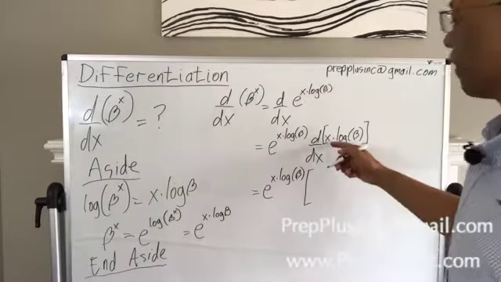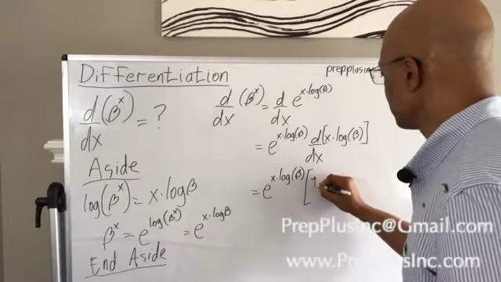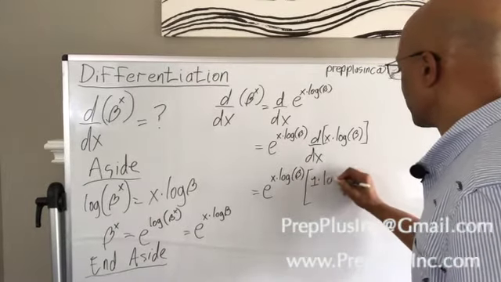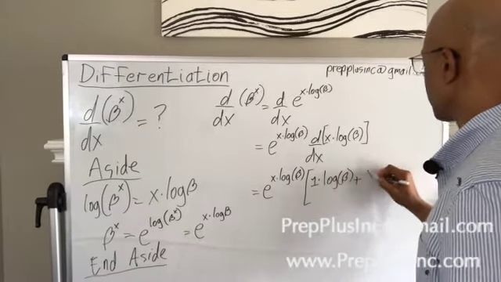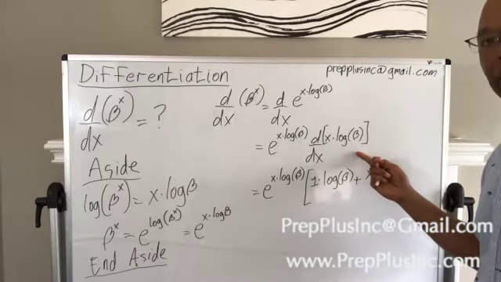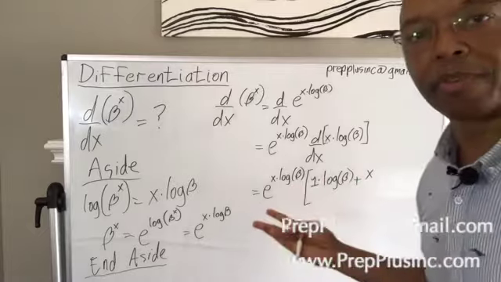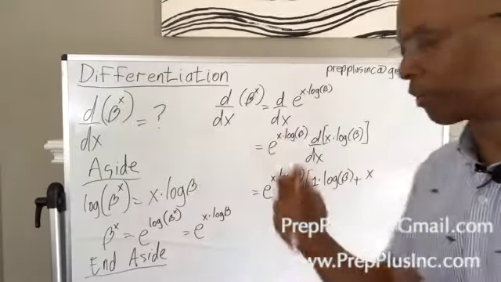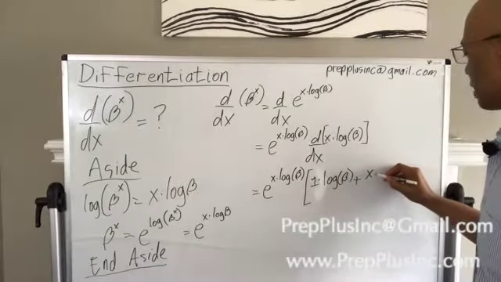The derivative of x with respect to x is 1 times log beta plus x times the derivative of log beta with respect to x. Log beta's derivative with respect to x is 0. There's no x in here, so it has no dependency on x, times 0.